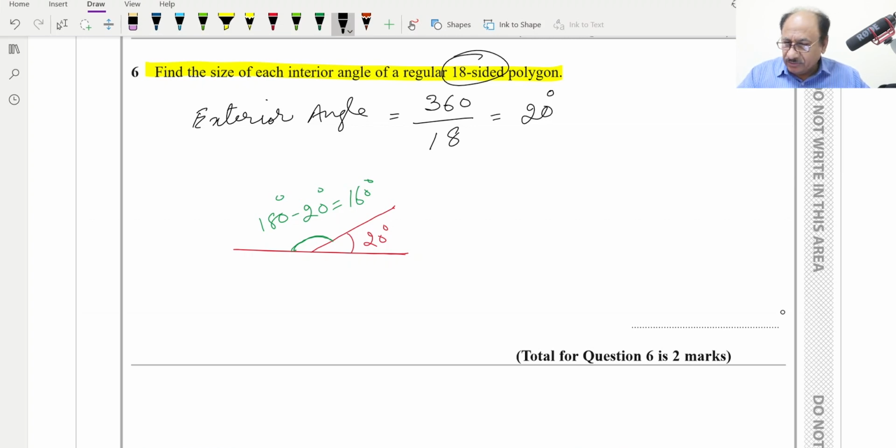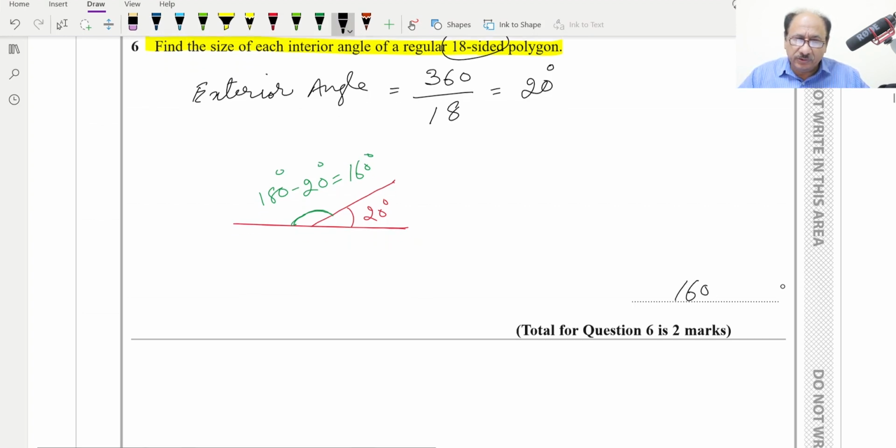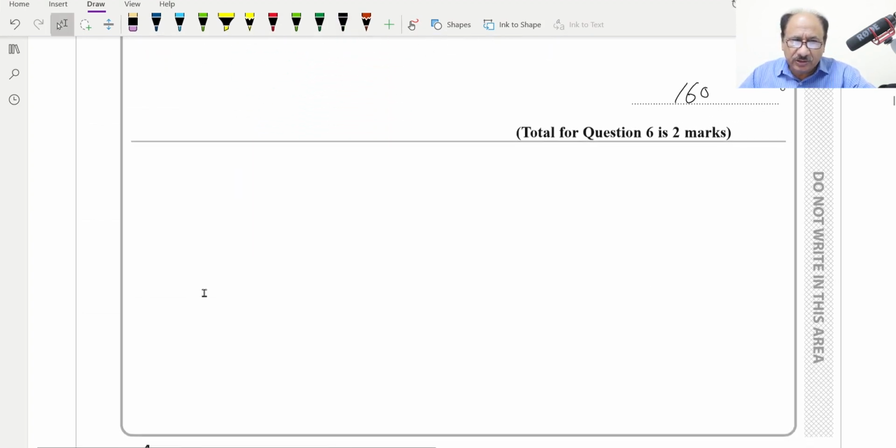So we can write here our answer as 160 degrees. Hopefully you understood this as well.